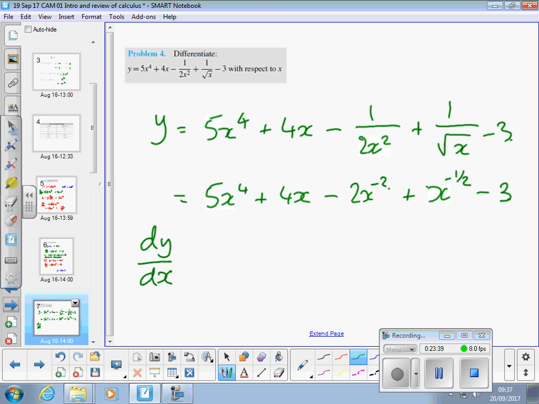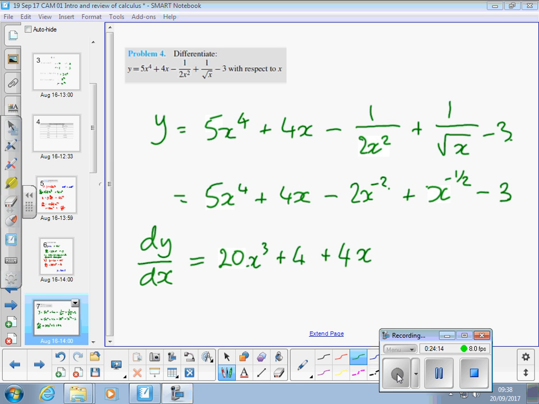Give me all terms. Process here is 4 times 5 is 20. X, take 1 off the index, x to the 3. This, how we write this would be x to the 1. Therefore, that's going to be just plus 4. Yeah, constant. Minus 2 times minus 2 is plus 4.